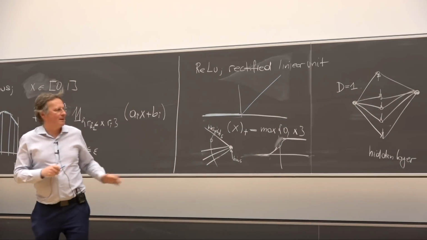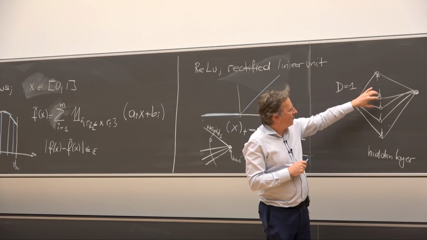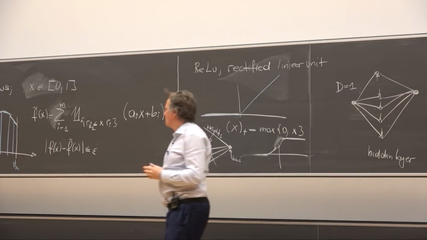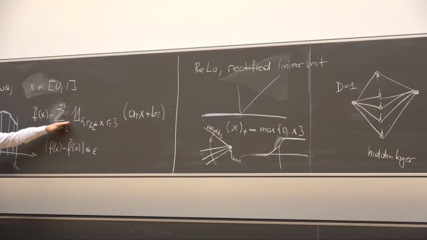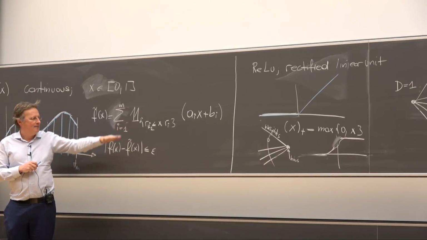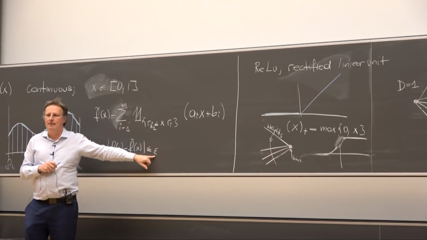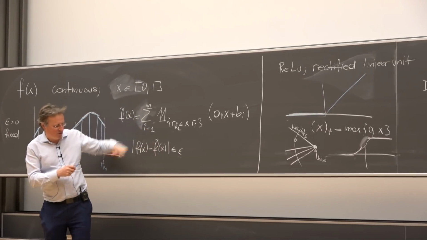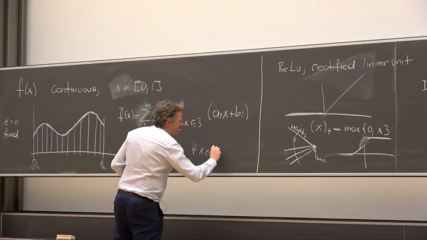We want to show that if I have enough of these nodes in here, and I pick the proper weights and the proper biases, and potentially also weights here, then we can represent any such function. And then the math theorem already tells us that if we can implement this exactly, then we can approximate this function arbitrarily closely in the L infinity norm, because the maximum, this means it is true for all x in [0, 1].